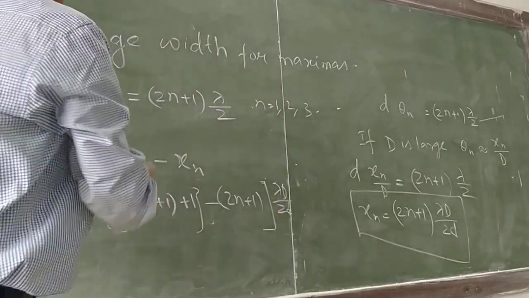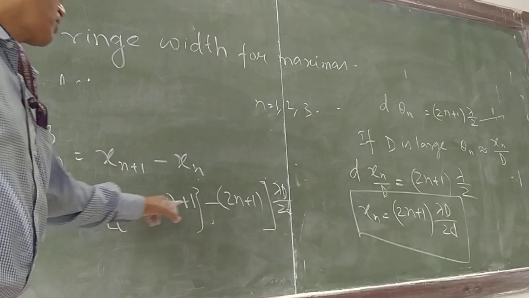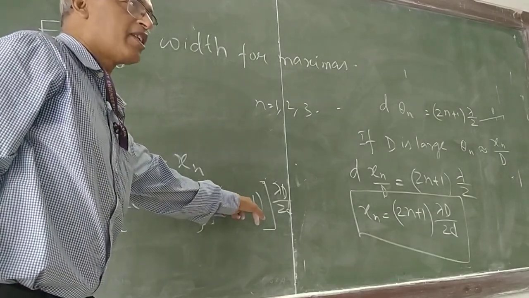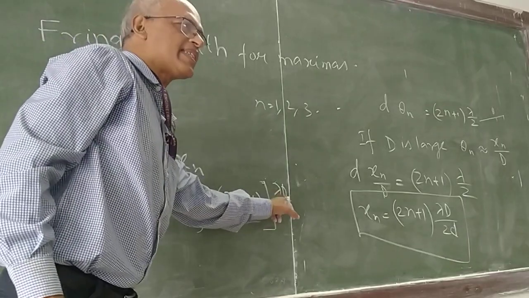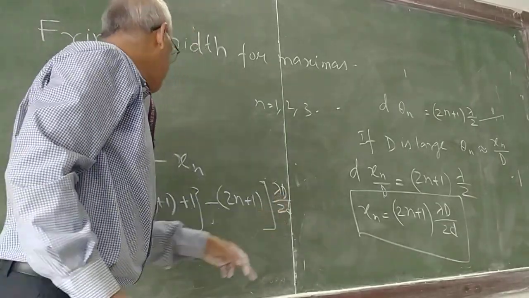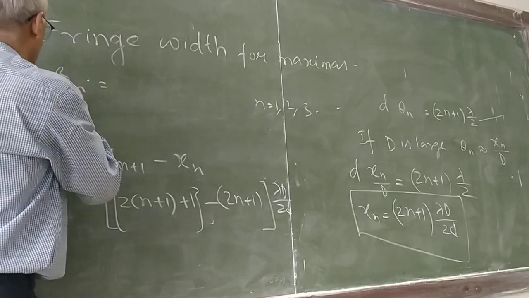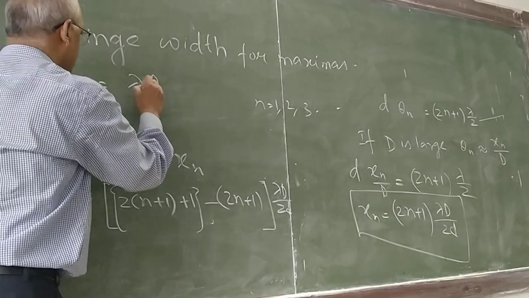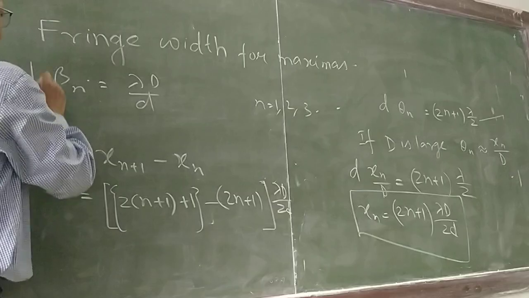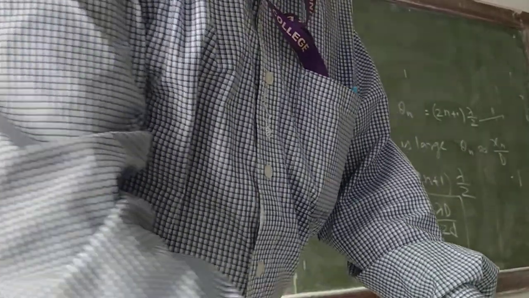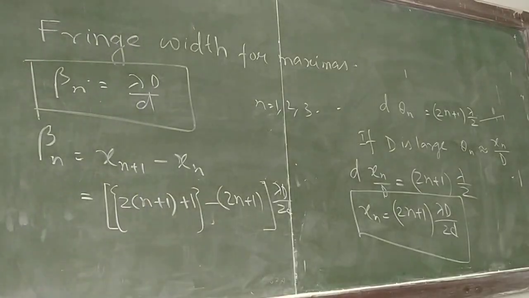So if you calculate this value, what will you get? 2n cancels out, 2 plus 1, 3 minus 1, it will be 2. And this 2 will cancel out, and you get lambda by 2. Beta is equal to lambda d by d. Two successive maxima, beta is equal to lambda d by d.